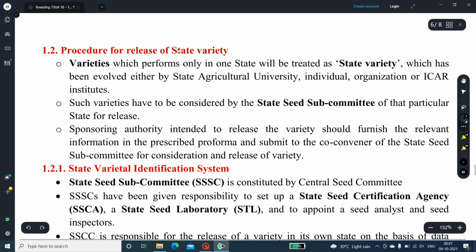And look at the procedure for release of state varieties. A variety which performs only in one state will be treated as a state variety, which has been evolved either by the state agriculture universities, or by individuals, or by seed companies or organizations, or ICAR institutes of a particular state.